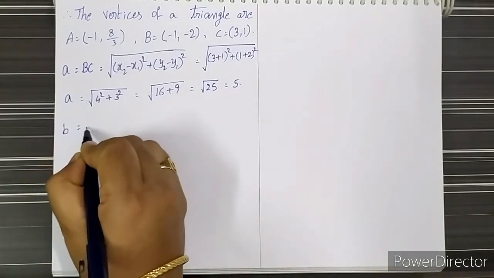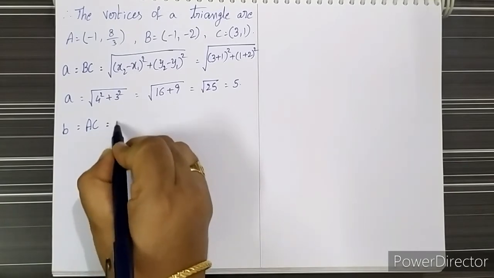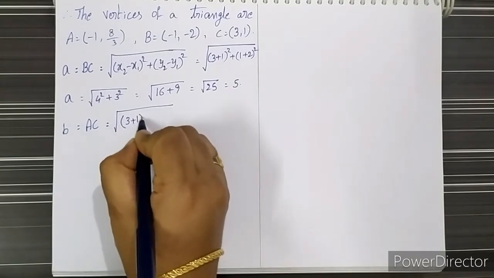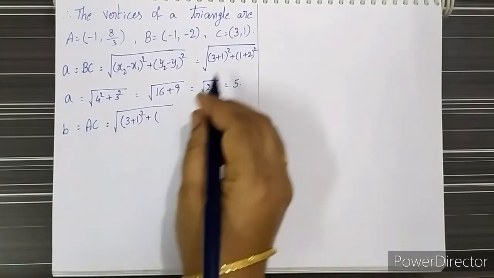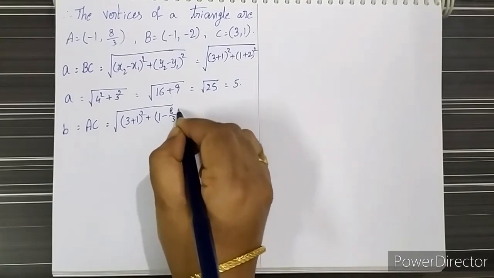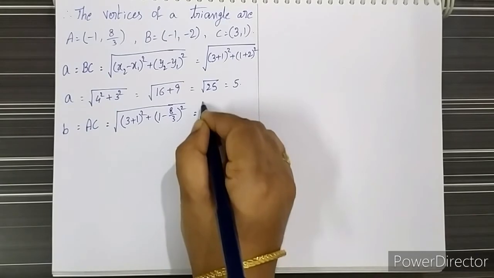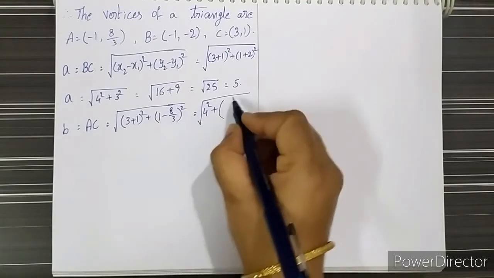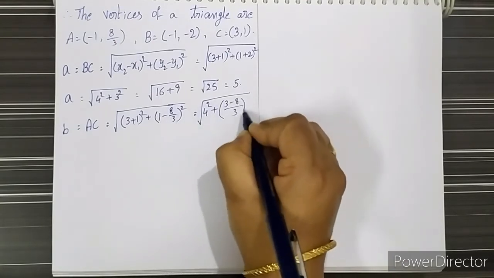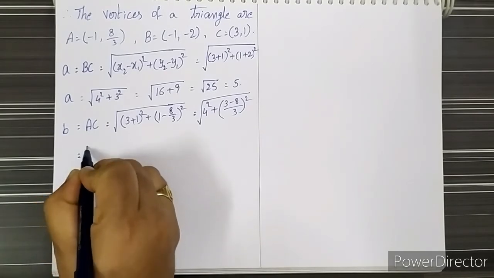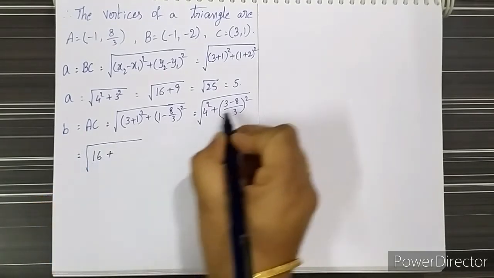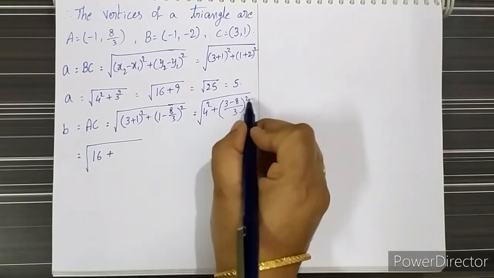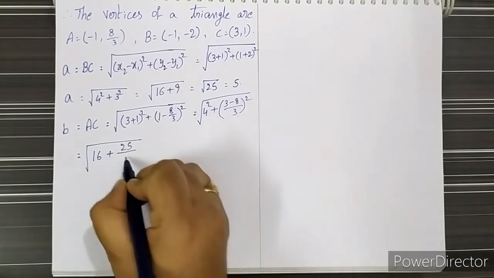Similarly, b equal to length of side AC, square root of the same formula, then (3 plus 1) whole square plus (1 minus 8/3) whole square is equal to square root of 4 square plus, here take 3 as LCM, then (3 minus 8)/3 whole square, that is equal to square root of 16 plus (minus 5) whole square, 25 by 3 square value 9.